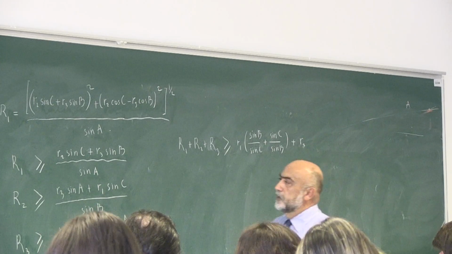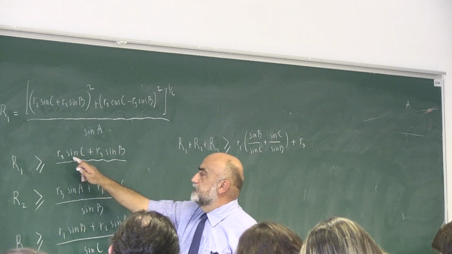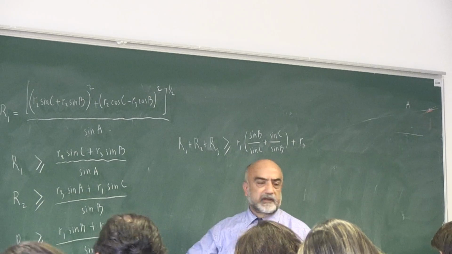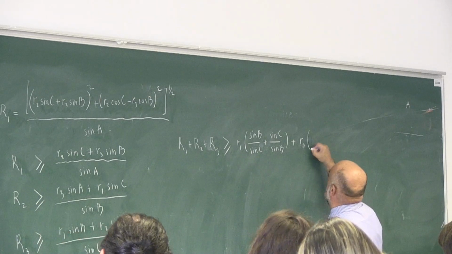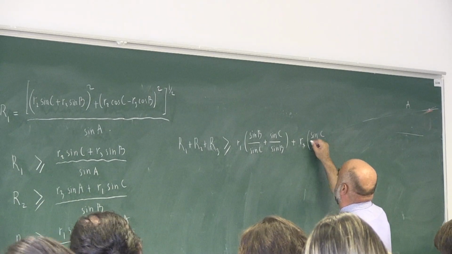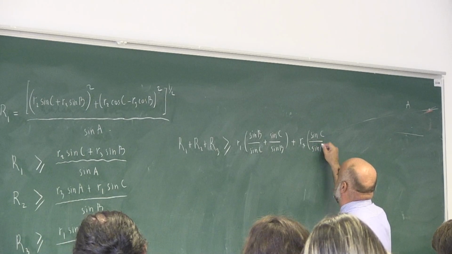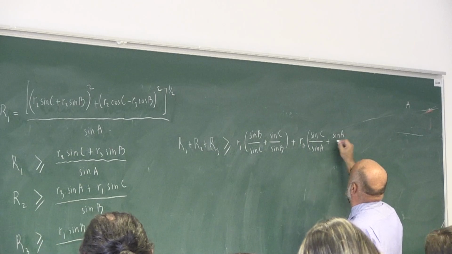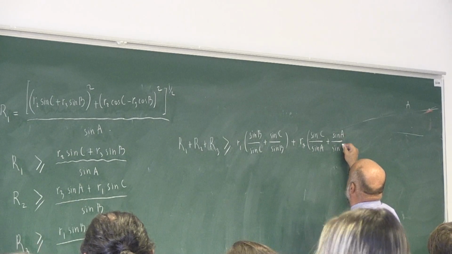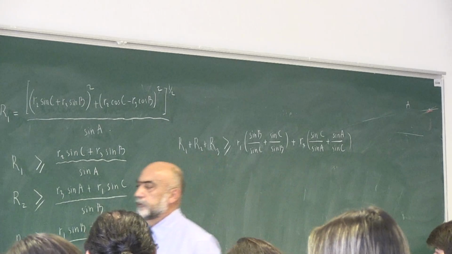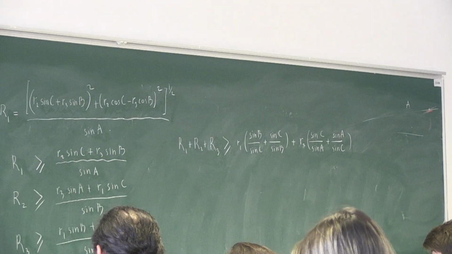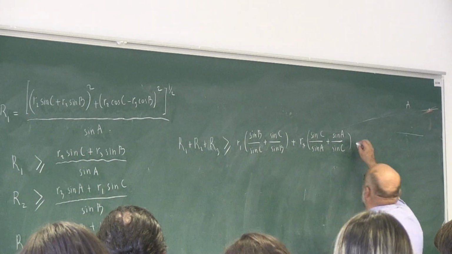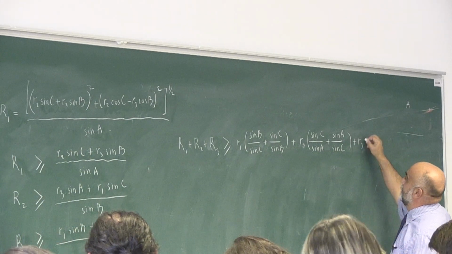How about R2? R2 has got sine C over sine A and sine A over sine C. Do you remember, before I started, I wanted to say something about the arithmetic mean and the geometric mean? Do you remember? X over y plus y over x is always larger than or equal to 2. That's wonderful. That is truly okay.